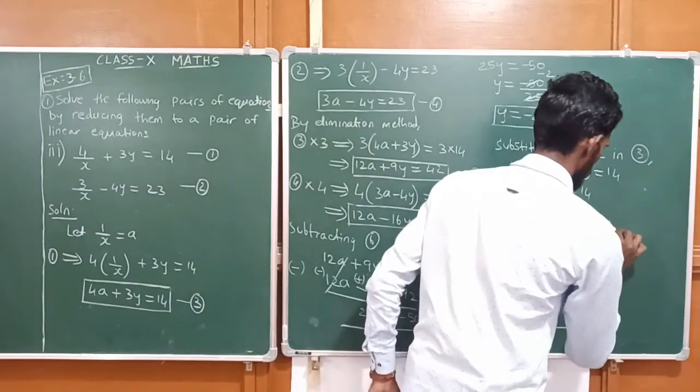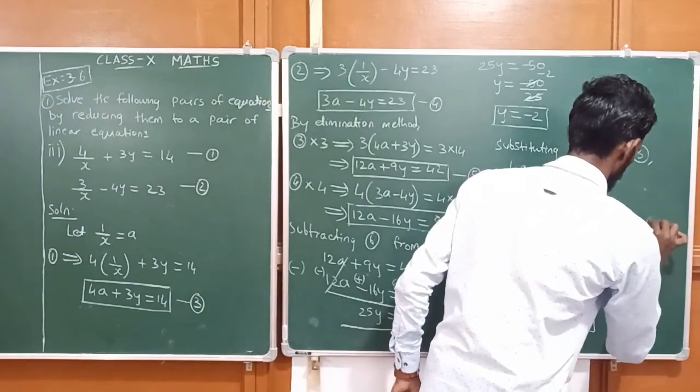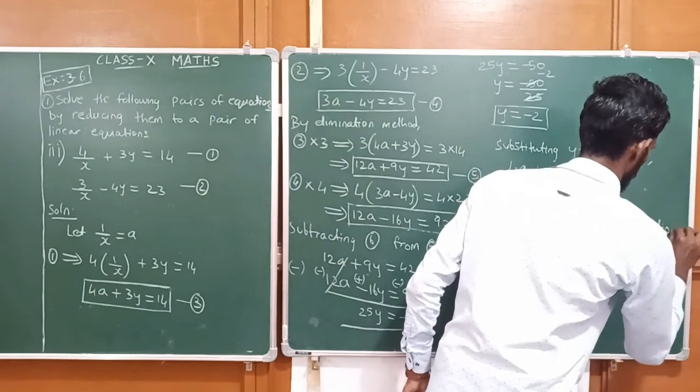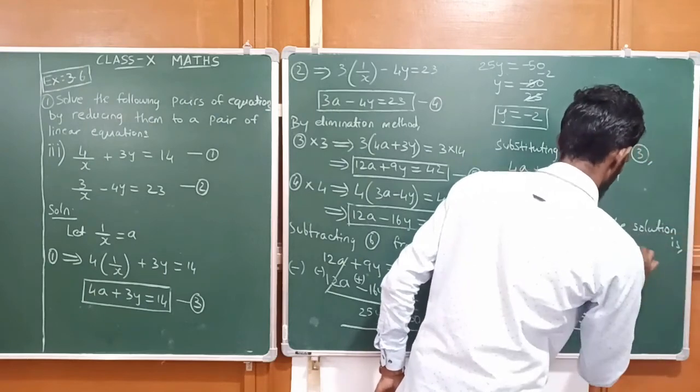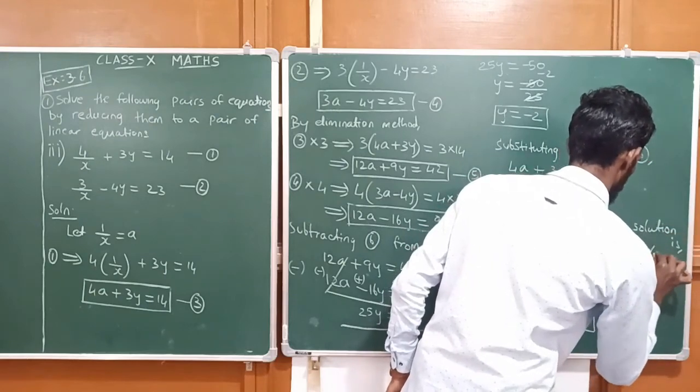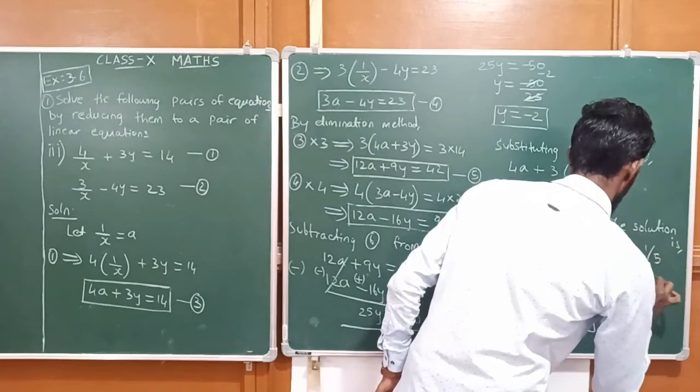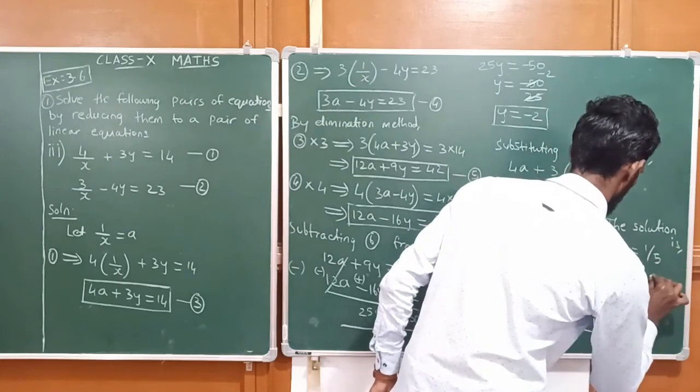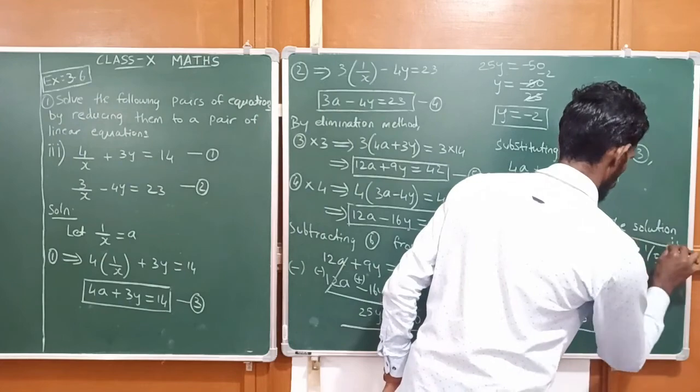Okay, so the solution is x is equal to 1 by 5 and y is equal to minus 2. Clear?